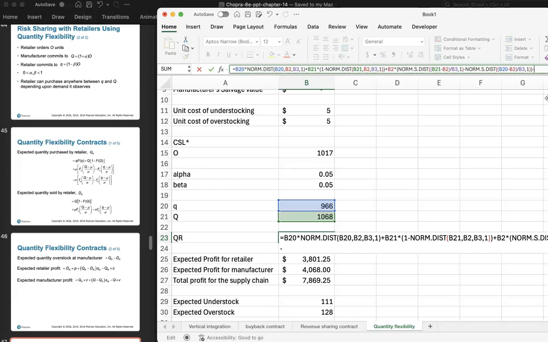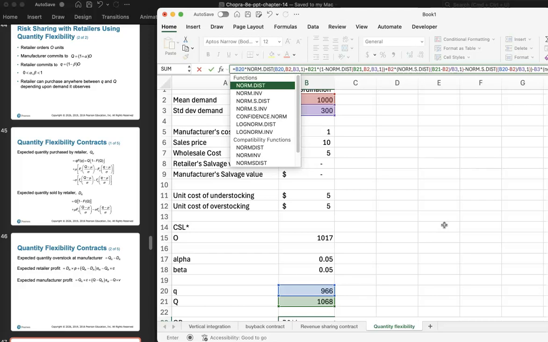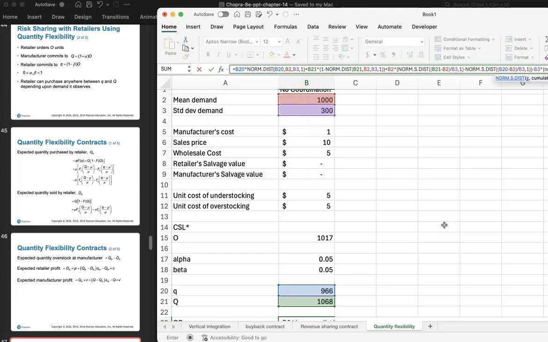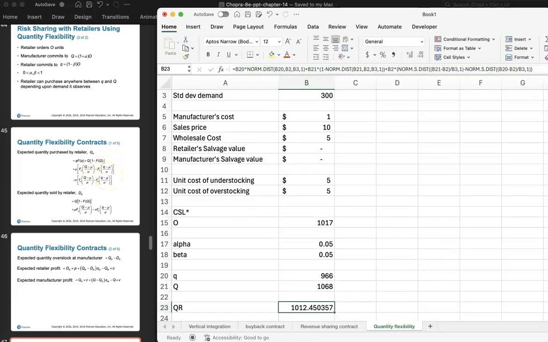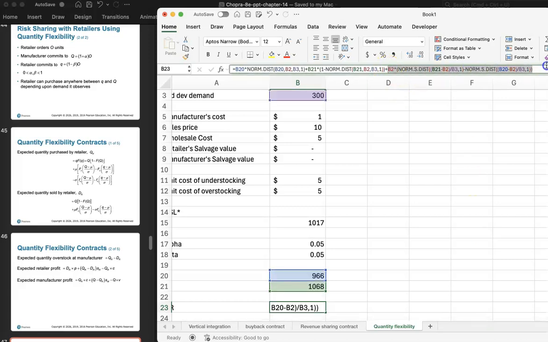Minus standard deviation times, again there's going to be a big parenthesis. It's the same, so let's do some creative copying.